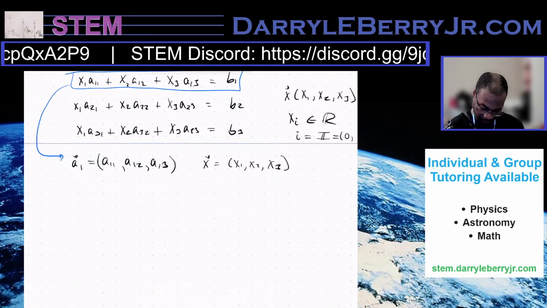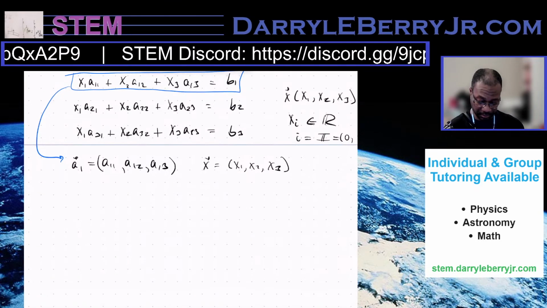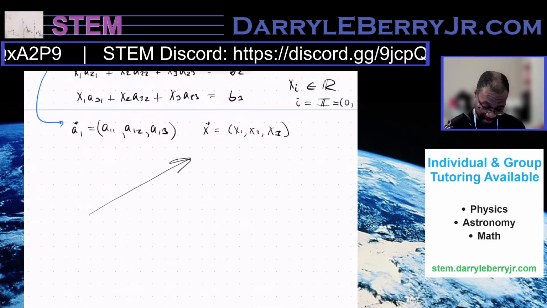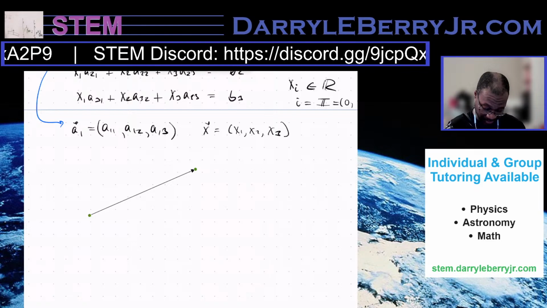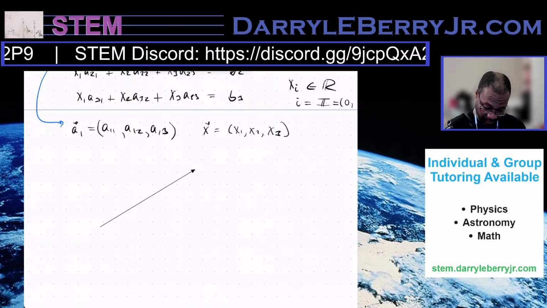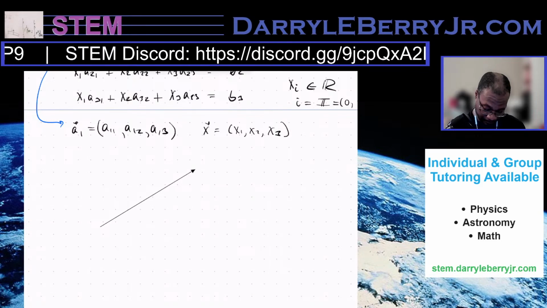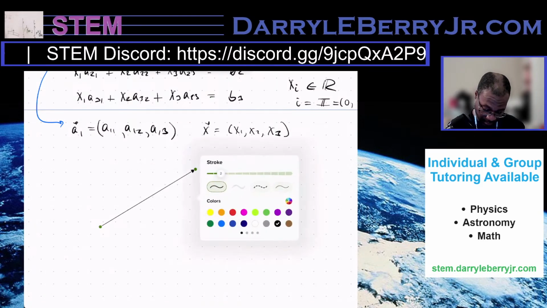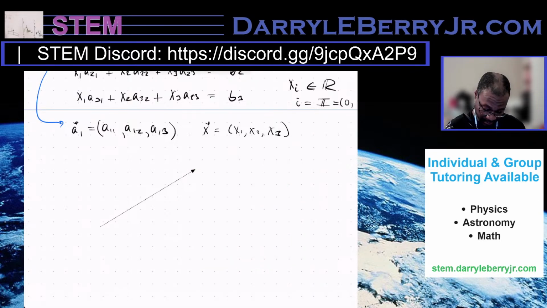So basically trying to extrapolate what's in the image here, we can say this is x.